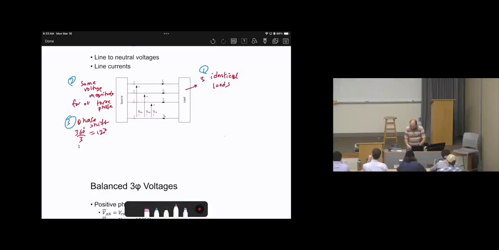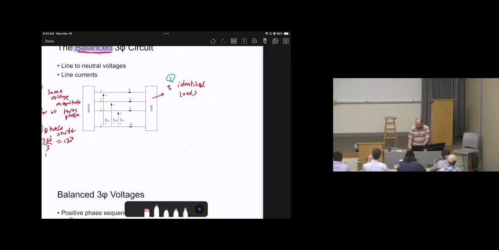You can imagine this as vectors. You know, in physics or even in math, this is vector A with angle 0, vector B with angle negative 120, vector C with positive 120.